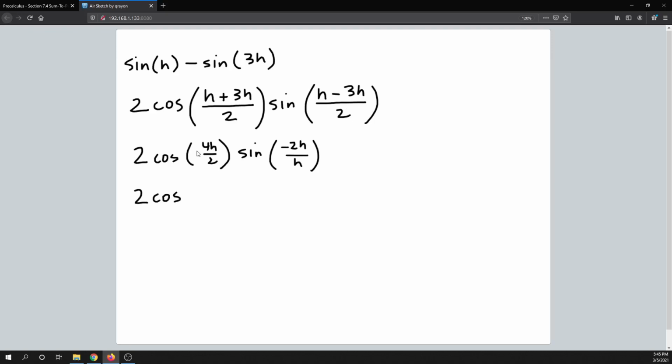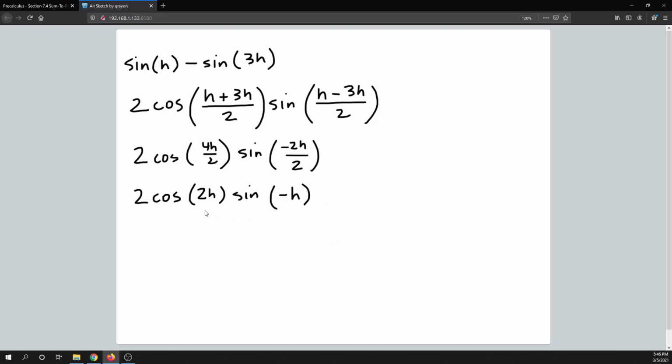Then I can do some more simplifying. 4 divided by 2 is going to be 2, so it'll be 2h. Oops, I accidentally wrote h there. Sorry about that. It should be a 2. So on this one I have minus 2h divided by 2. So negative 2 divided by 2 is a negative 1. So that will be a minus h like that.